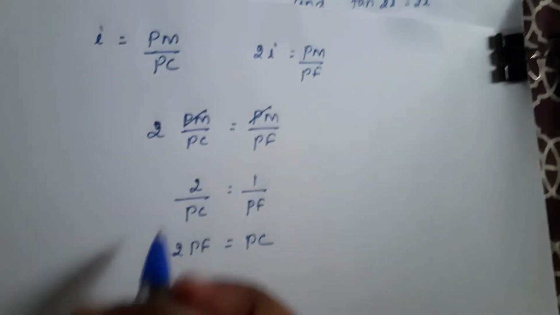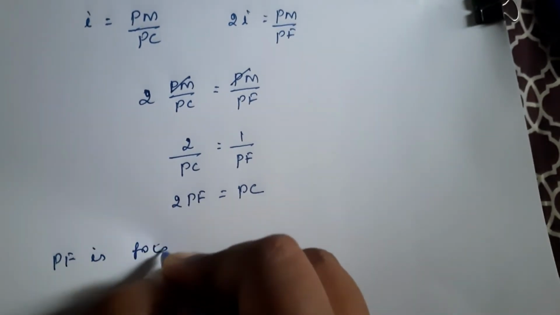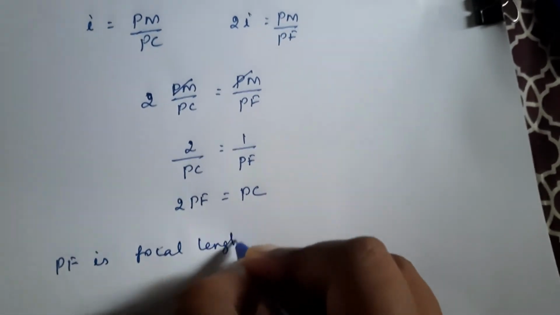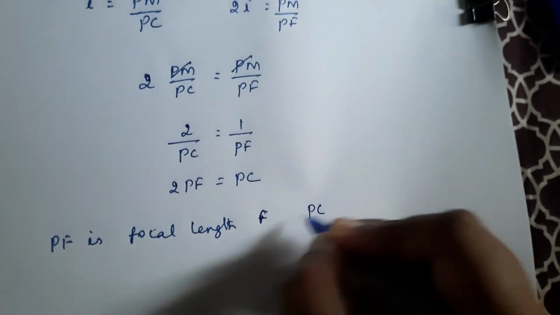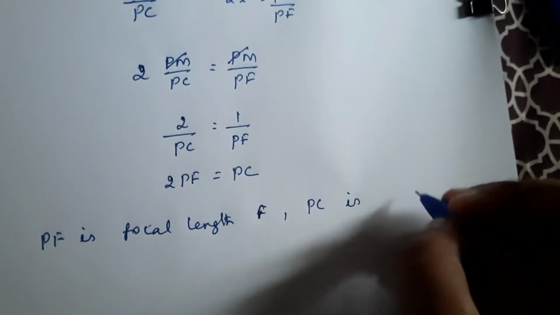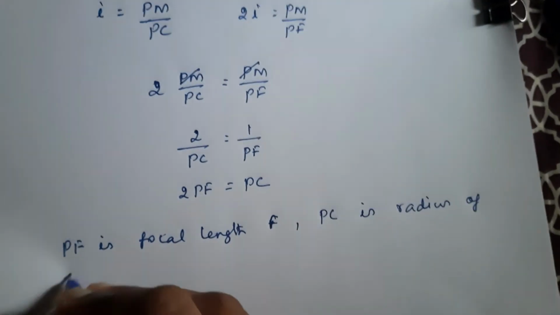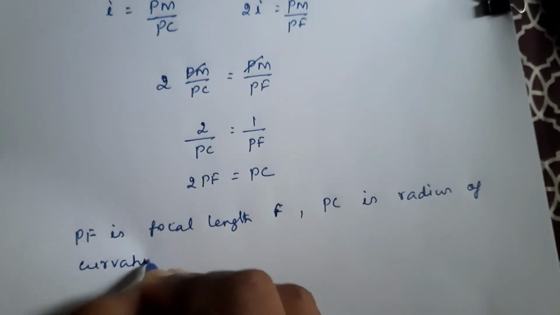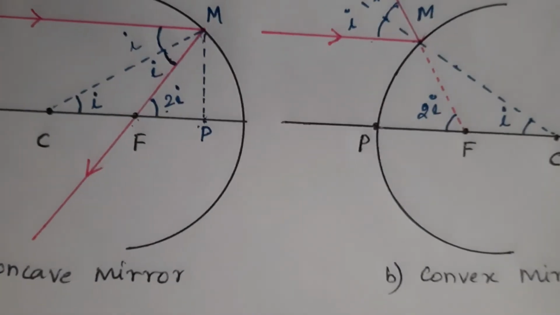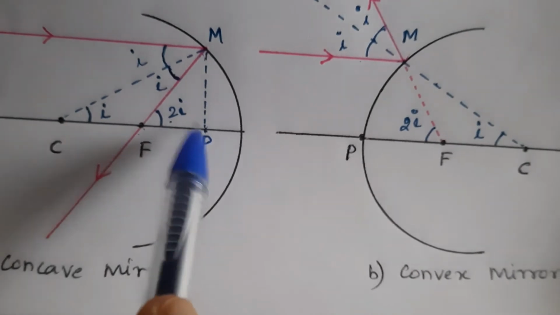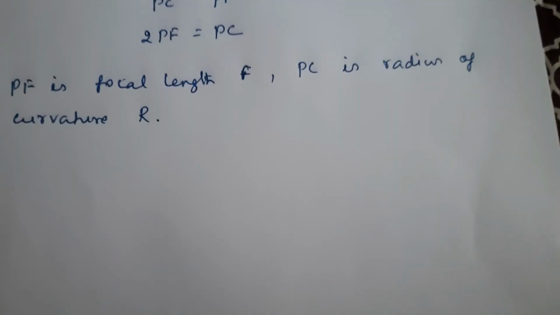Now what is PF? PF is the focal length, F. And PC is the radius of curvature, R, as shown in the diagram.